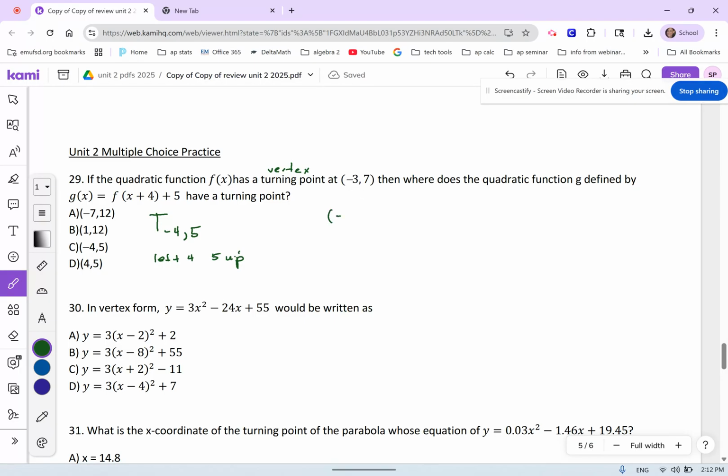So if you have this original point, -3, 7, what does it become? It becomes -3 minus 4, because you're moving that point 4 spaces to the left, and then you're adding 5 spaces on, so that point becomes -7, 12, which is choice A.